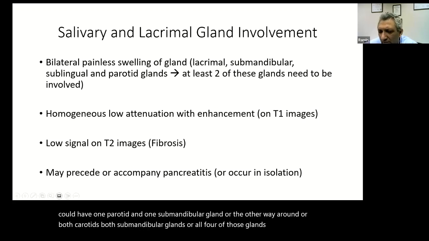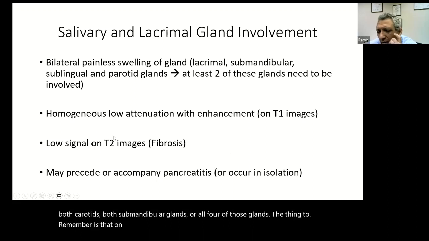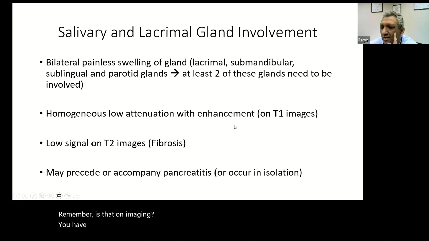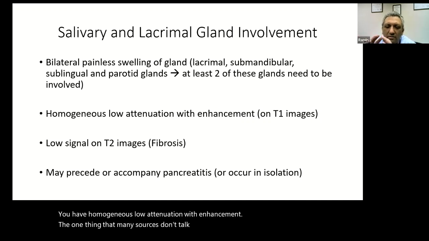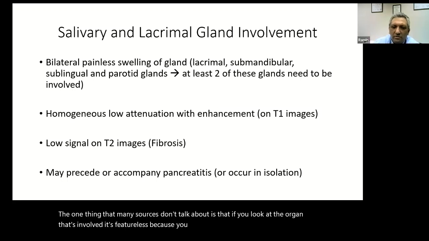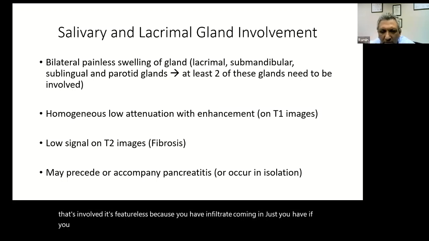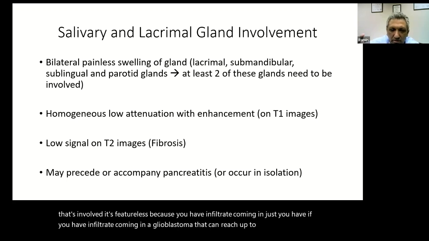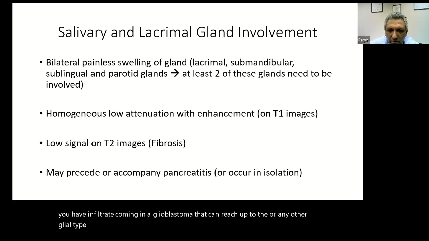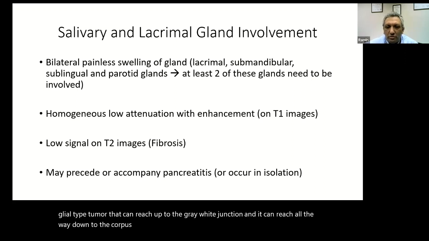The thing to remember is that on imaging, you have homogeneous low attenuation with enhancement. The one thing that many sources don't talk about is that if you look at the organ that's involved, it's featureless. Because you have infiltrate coming in, just like a glioblastoma, or any other glial type tumor, that can reach up to the gray-white junction, and it can reach all the way down to the corpus callosum, you lose features of where does this begin, where does this end.